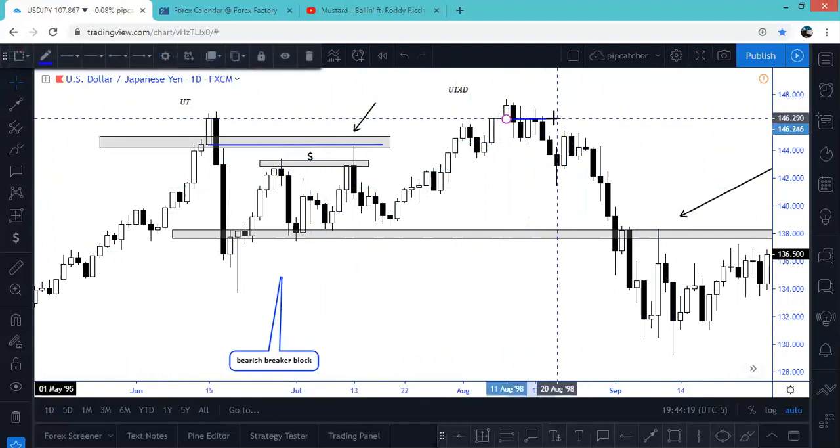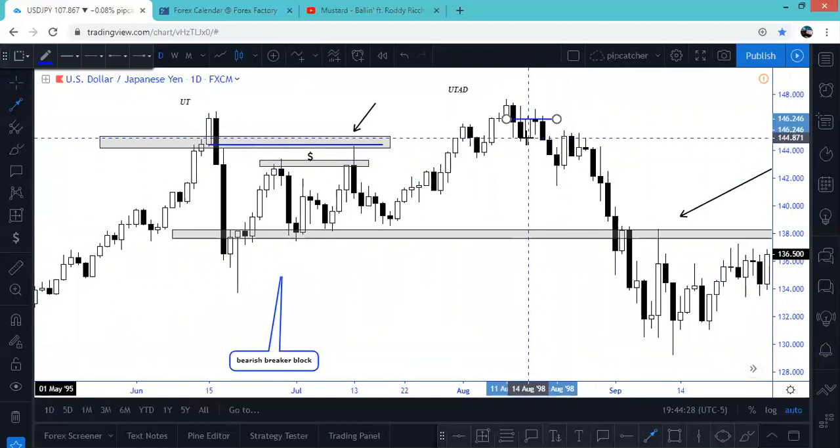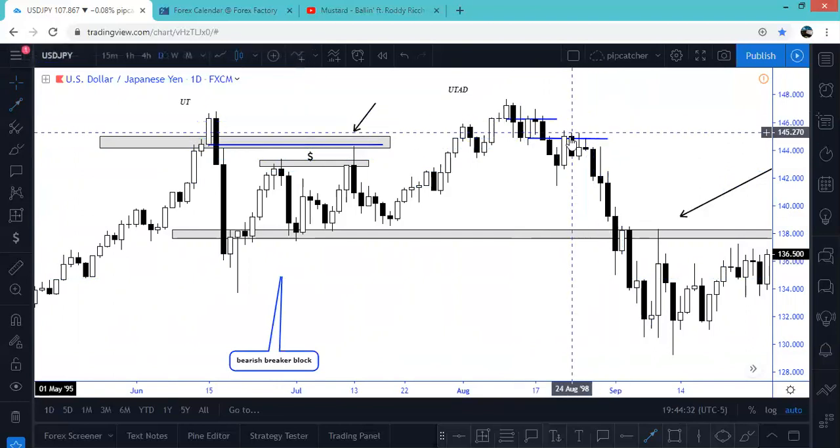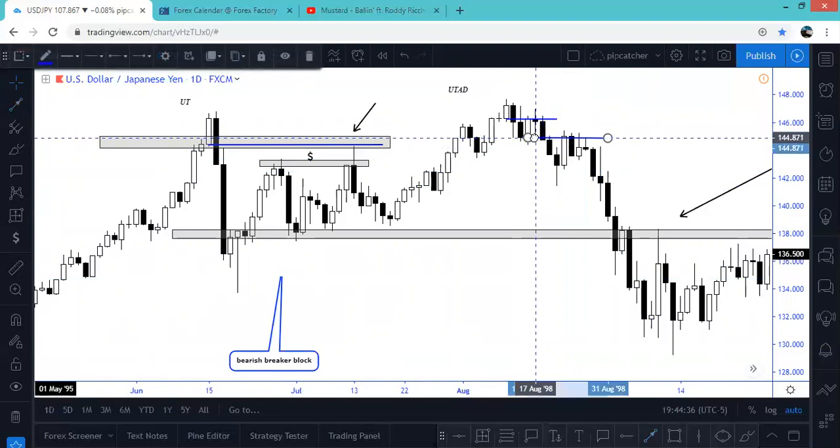Now, say you missed this and price came down, right? So where would be your next point of interest? It would be this order block right here. You can do 50% or the opening of the candle.